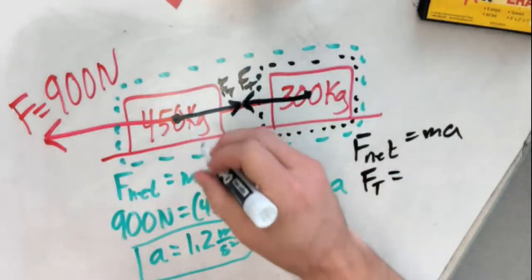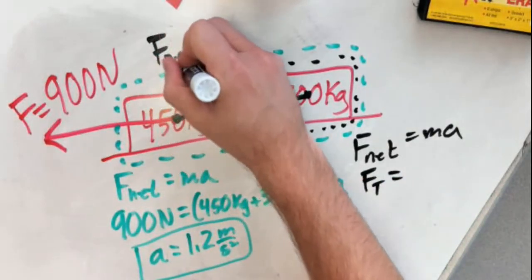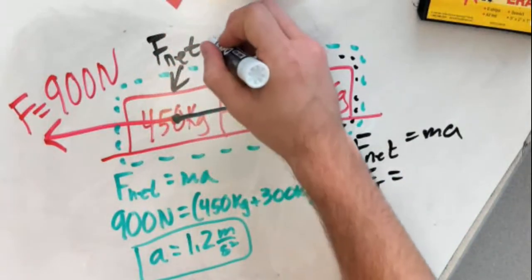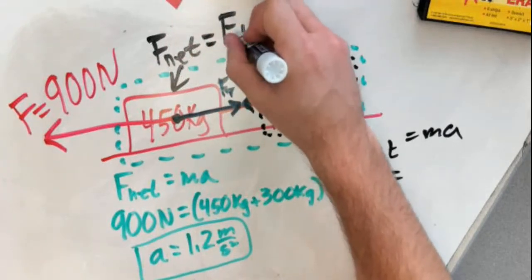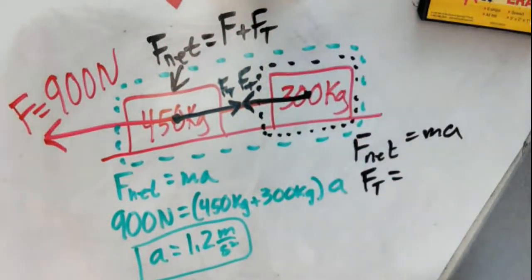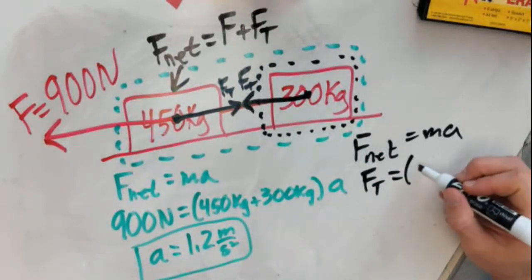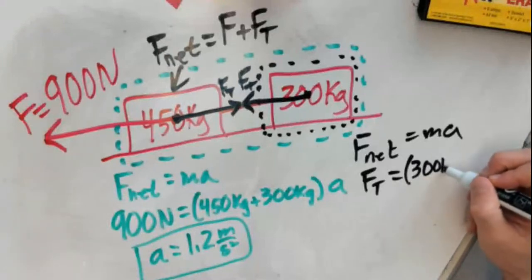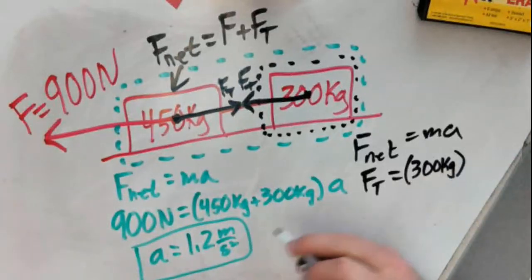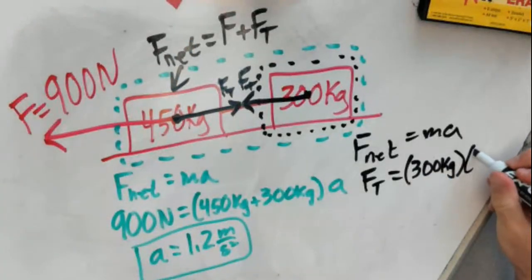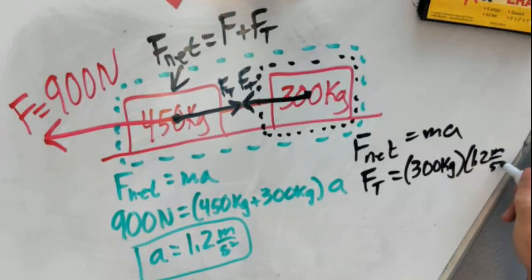If we did this block, Fnet over here is F plus Ft, so you'd have to substitute in 900 over there. But I like this because I don't have to do that. So my mass of just that block is 300 kilograms. A lot of students left it as 750. Acceleration is 1.2 meters per second squared, we just found it.